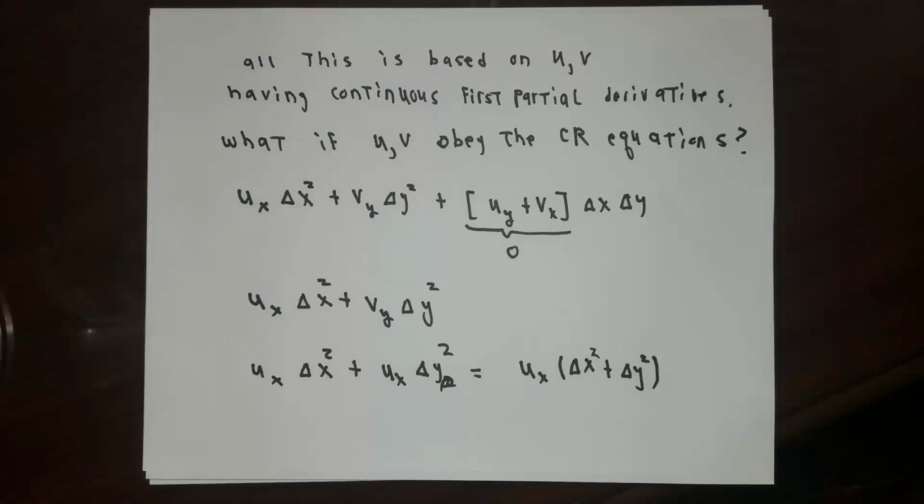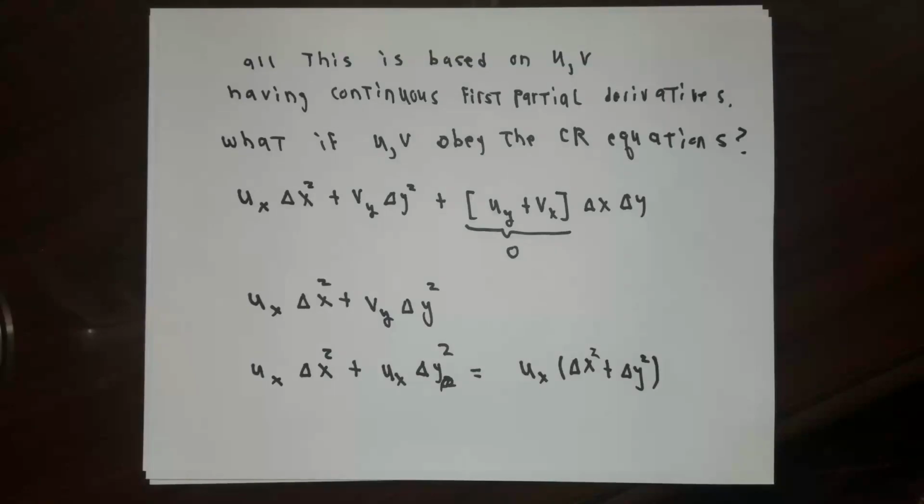If that's the case, then this term is 0. The real part of the numerator of delta w divided by delta z will then just be u sub x delta x squared plus v sub y delta y squared.